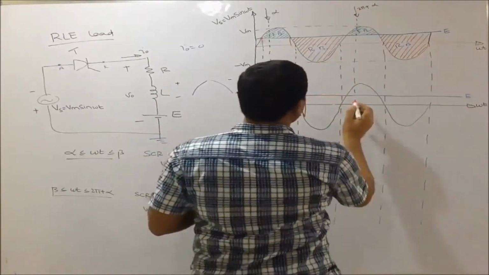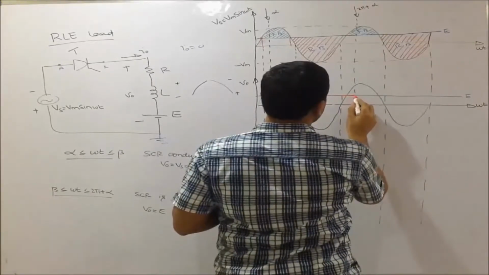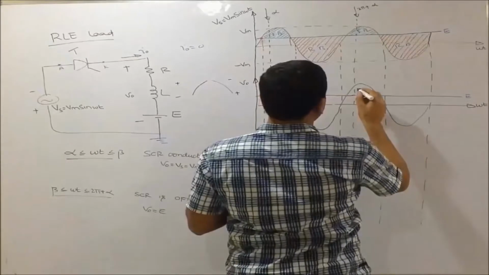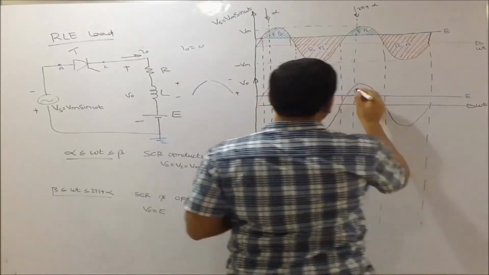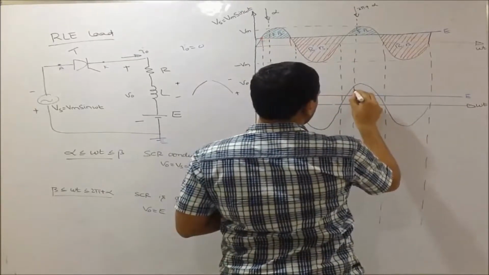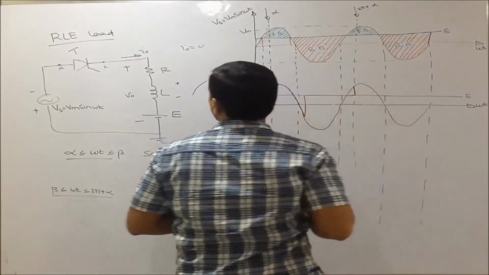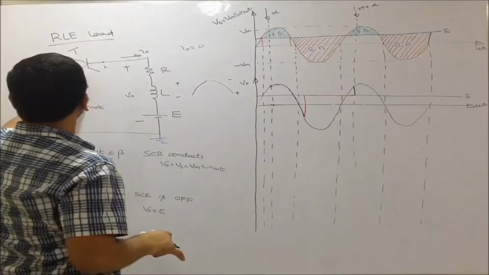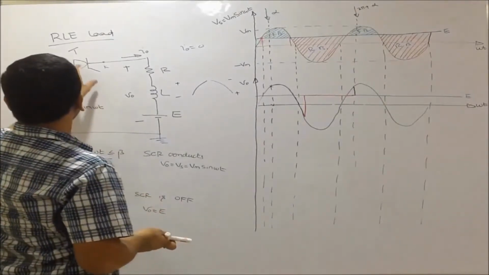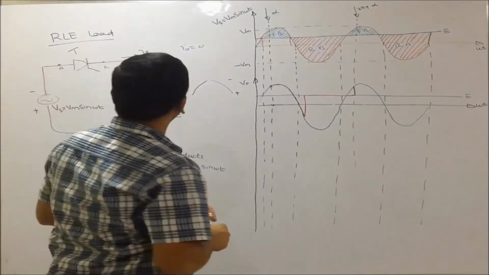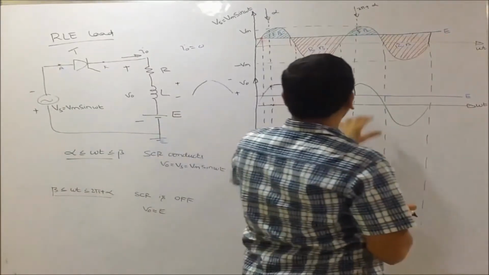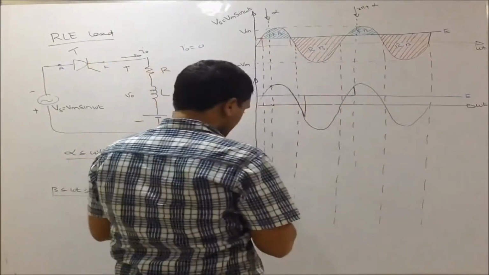So my E appears up to this point. And after this, I have the SCR on. After this 2 pi plus alpha, the SCR is on.